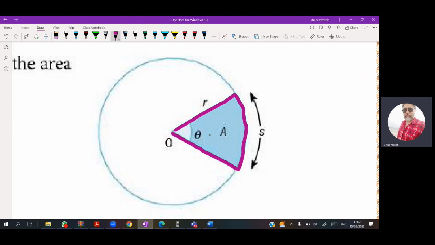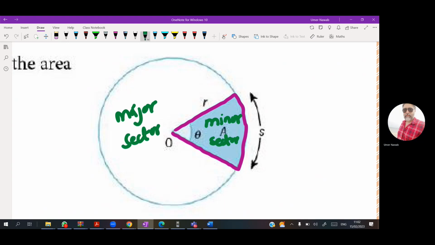This pizza pastry has a small size, so mathematicians call it a minor sector. And this Pac-Man looks like it is called a major sector. So minor sector area plus major sector area is equal to the total area of a circle. I hope you understand it.